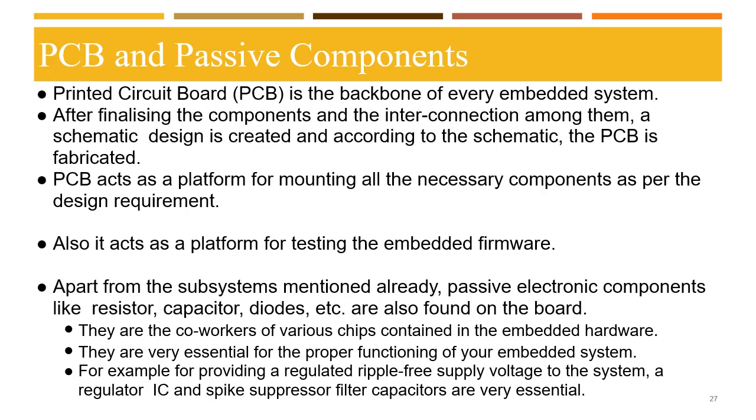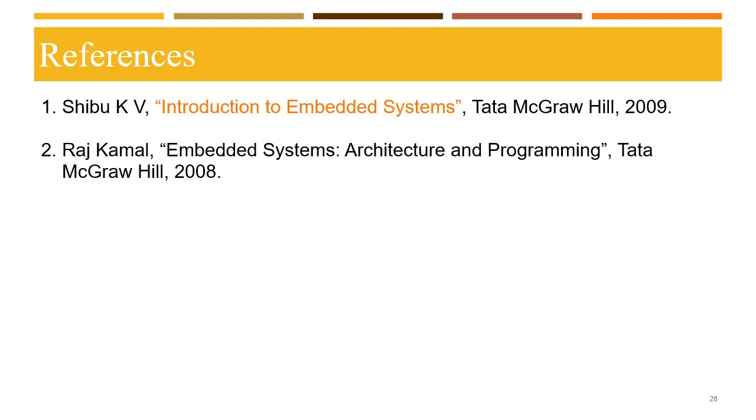For example, for providing a regulated ripple-free supply voltage to the system, a regulator IC and spike suppressor filter capacitors are very essential. So this ends module 3, embedded system components, and these are the two books for reference.